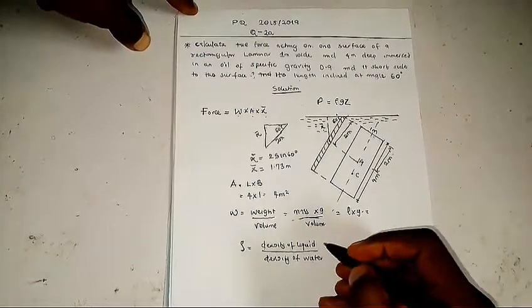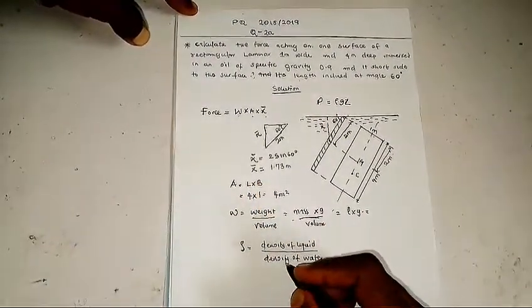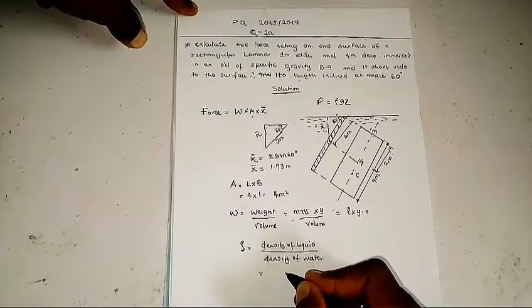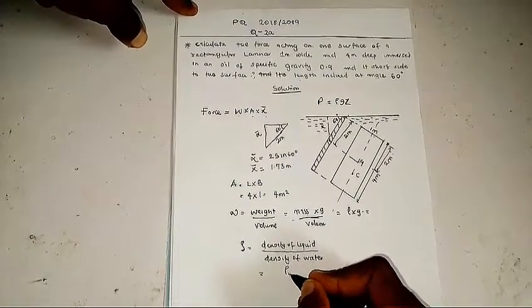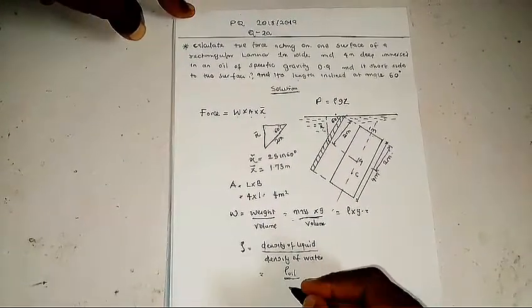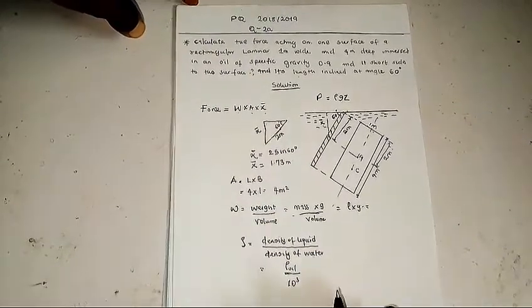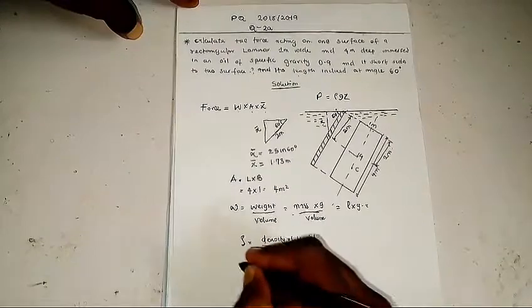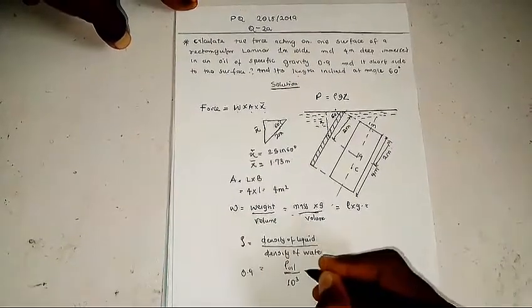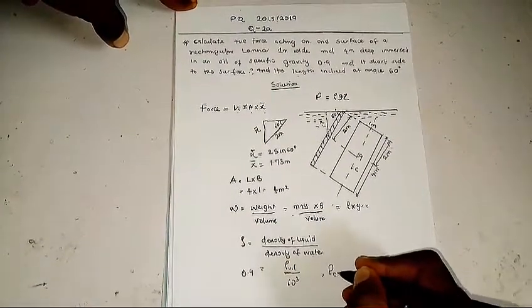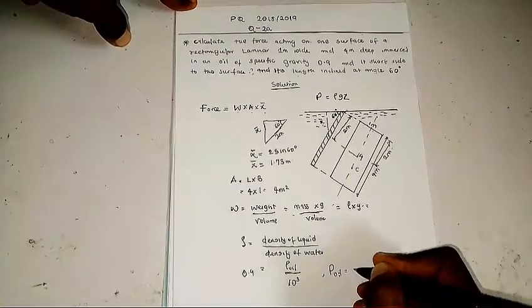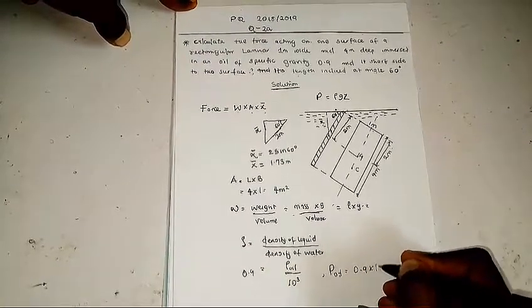So basically, I'm looking for the density of oil, right? I know the density of water, which is 10 raised to the power 3, right? Let's call this density of oil divided by 10 raised to the power 3. Then the specific gravity given to me was 0.9. So basically, the density of my oil is equal to 0.9 times 10 raised to the power 3.